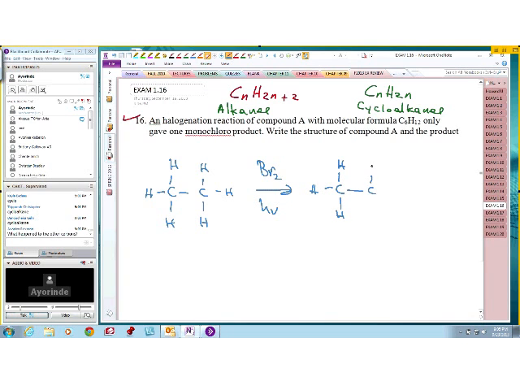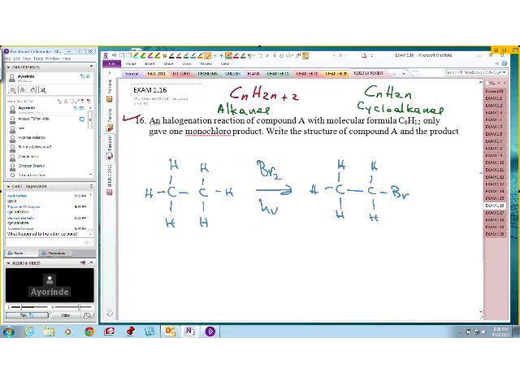If I replace one of the hydrogens with bromine, you say, what happened to the other carbon? Well, anyway, if I replace this hydrogen with bromine, I get this product.